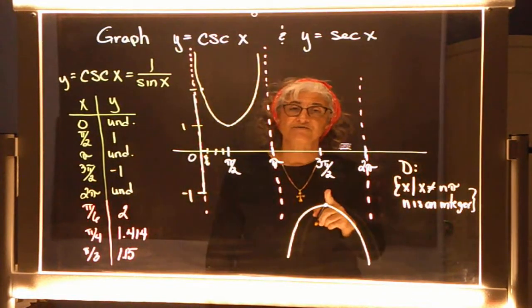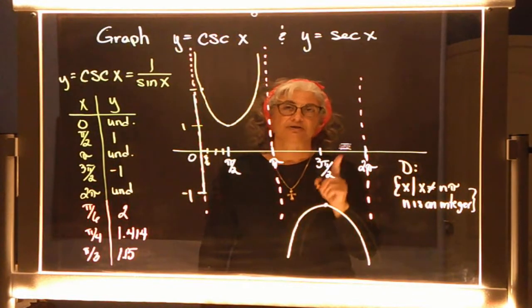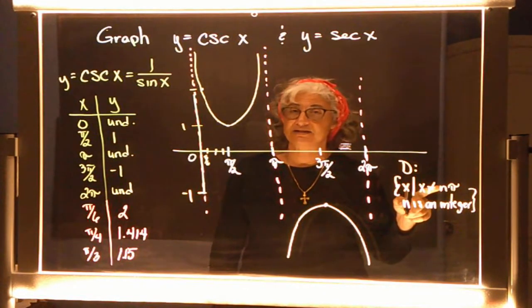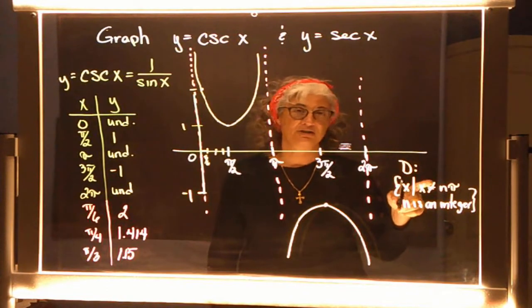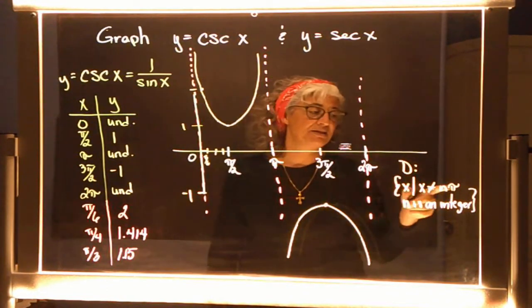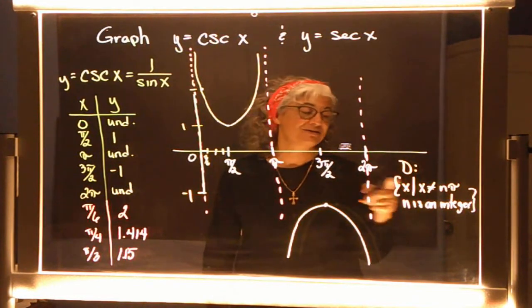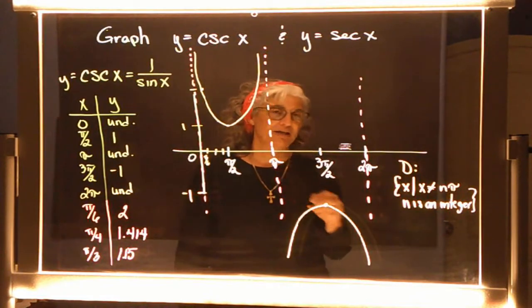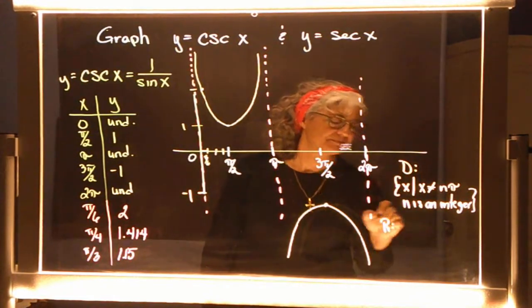Remember, integers are not fractions and they're not decimals. So, n is an integer: -1, -2, 0, 1, 2. And that's exactly what's happening here. I can't let my x's be equal to these pi's with an integer in front. Cool? Okay, let's look at the range.